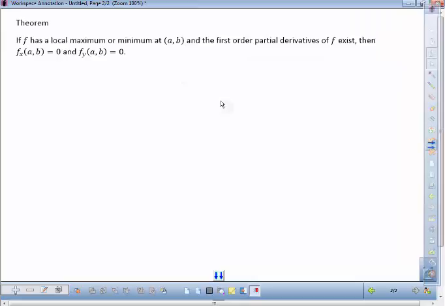Remember the definition of a critical point back in Calc 1 was the derivative is equal to 0 or the derivative does not exist. We can talk about where the derivative doesn't exist here, but we're not actually going to dive deep into that.